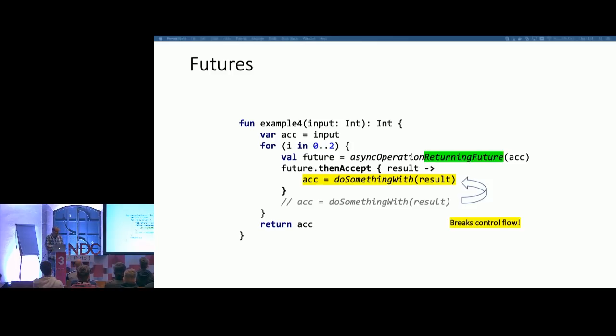And in this example, which is rather typical, where the iterations depend on the value of a previous iteration, using callbacks and using continuations introduces major changes on the way that I structure the code.